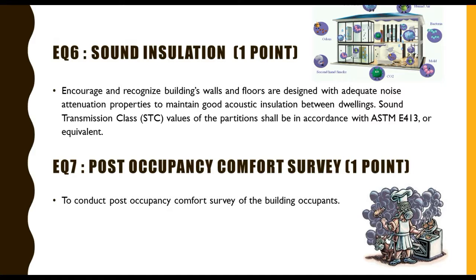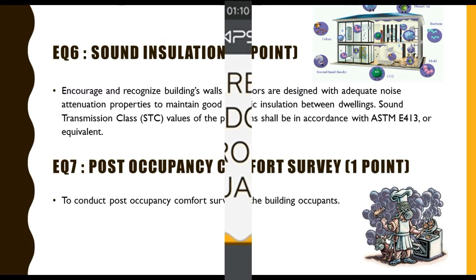Sound Transmission Class (STC) values of the partition shall be determined in accordance with ASTM E413 or equivalent. And the last one is post-occupancy comfort survey. 1 point is to conduct a post-occupancy comfort survey of the building occupants.